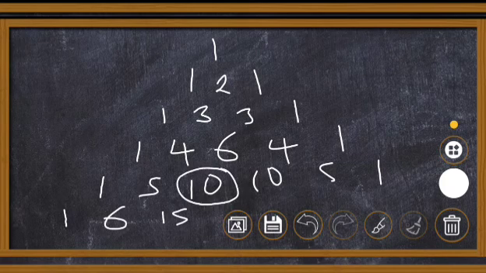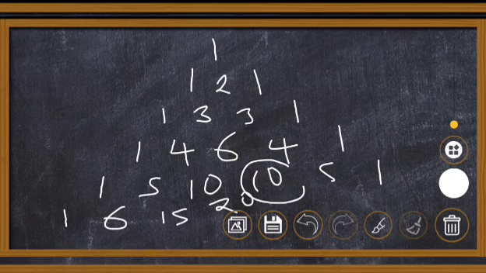Likewise, 10 plus 10, we are going to have 20. And then 10 plus 5, we are going to have 15. Then 5 plus 1, we are going to have 6, and then we write 1 here.